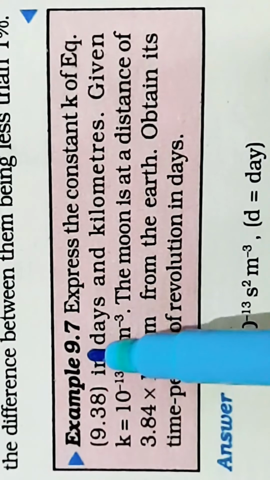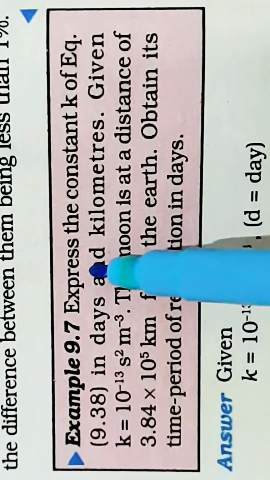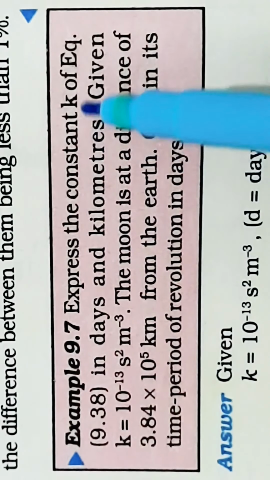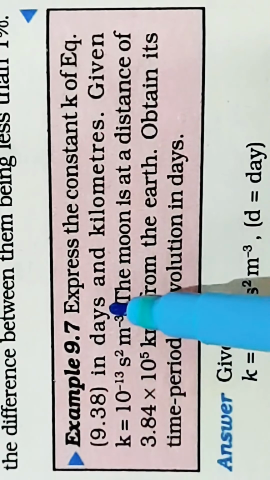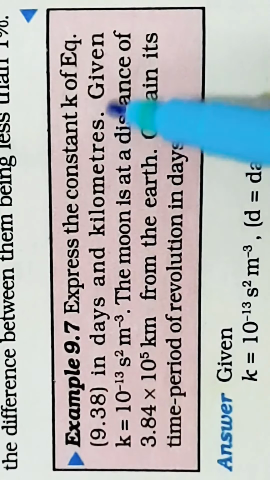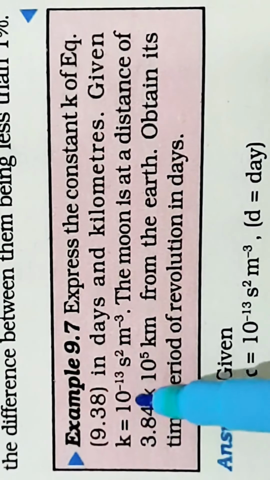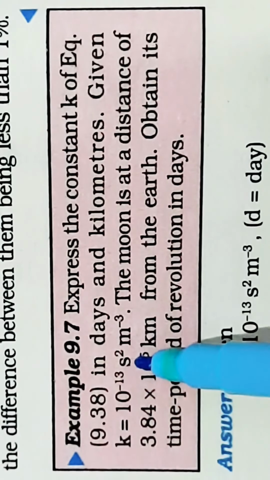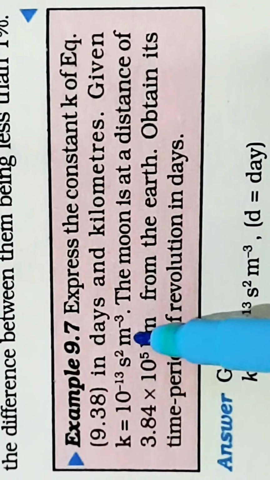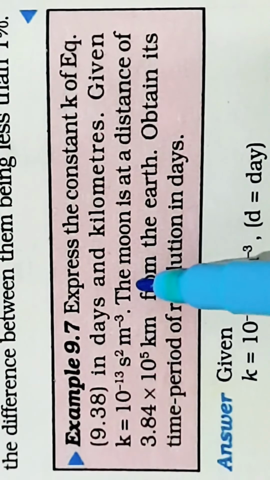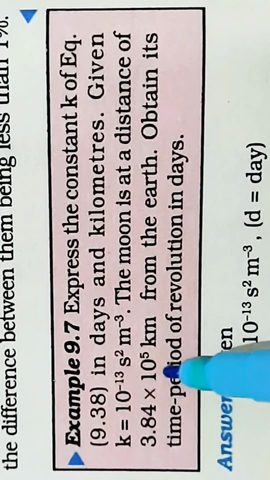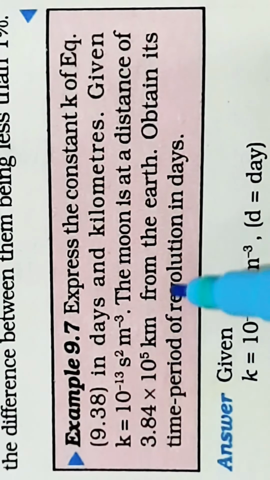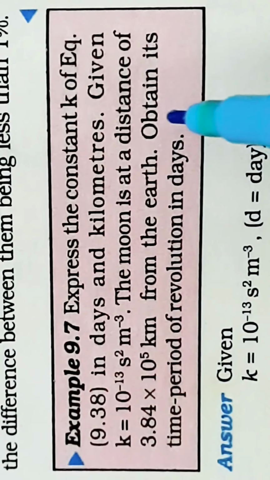See example problem 9.7. Express the constant k of equation 9.38 in days and kilometers. Given k is 10 to the power of minus 13 second square per meter cube. The moon is at a distance of 3.84 into 10 to the power of 5 kilometer from the earth.